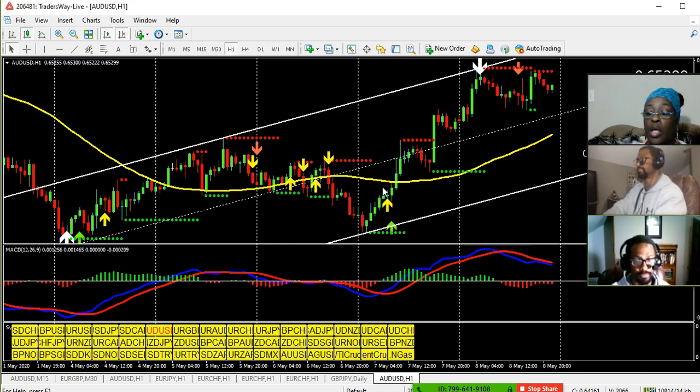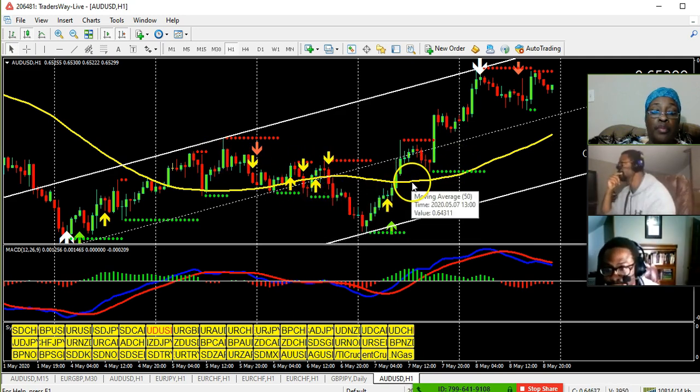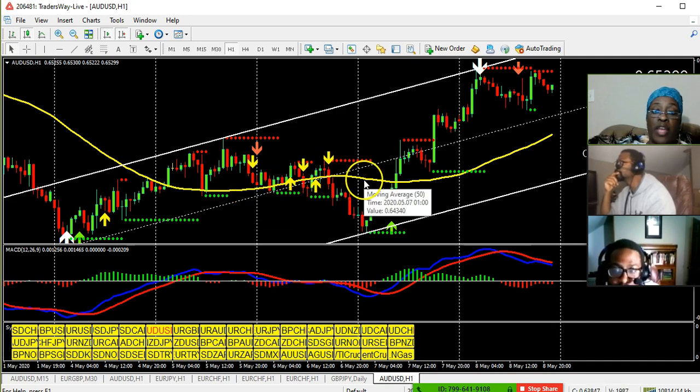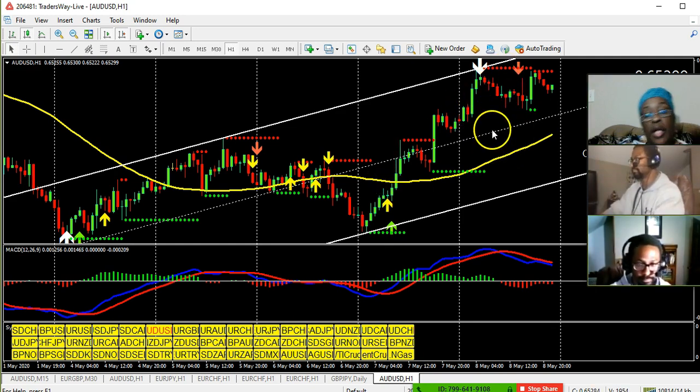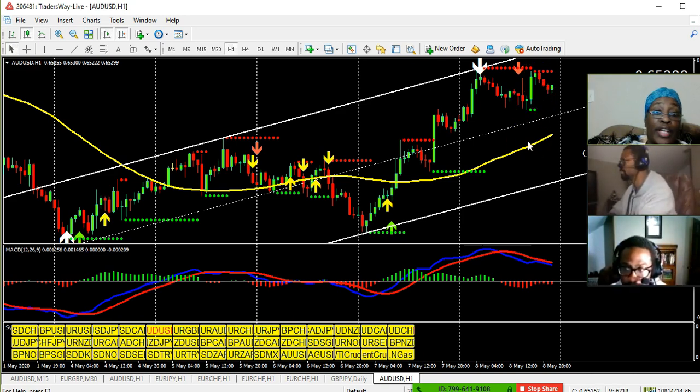Okay. Now, a lot of traders that use the system don't do this. This is my trading plan that I added. For the most part, the basic instruction is that once you get your triples, you can get in the trade.